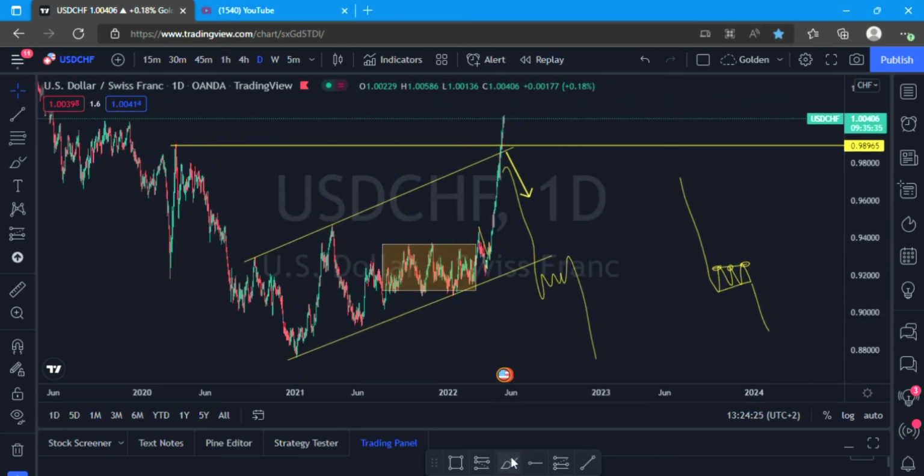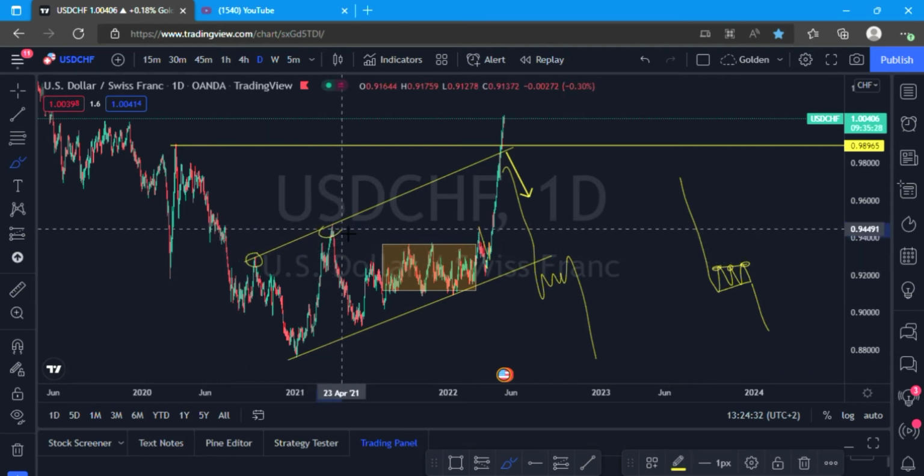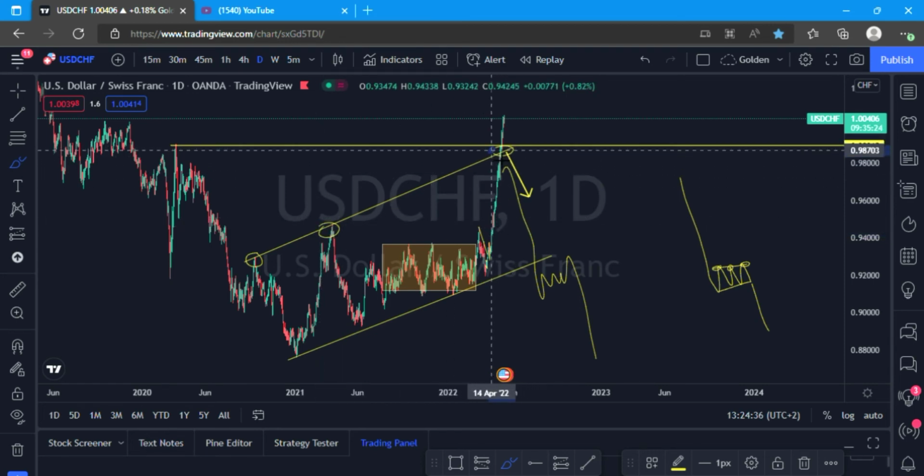We can already see that we had that first touch of our upper trend line, we had our second touch of the upper trend line, our third touch would always have been our high probability to enter this trade and move to the downside with it. And then we would have taken all those continuation patterns that we would have been finding from those smaller time frames.